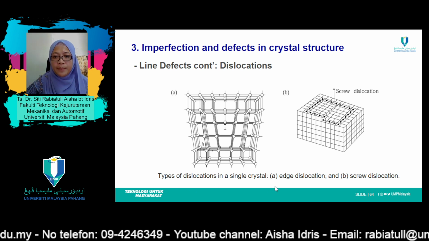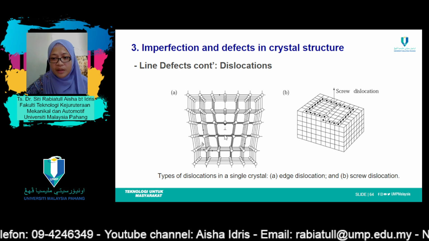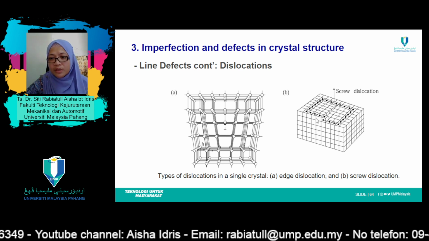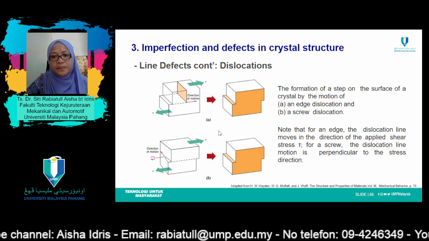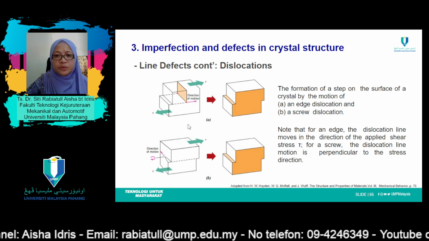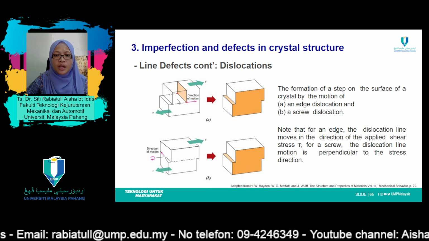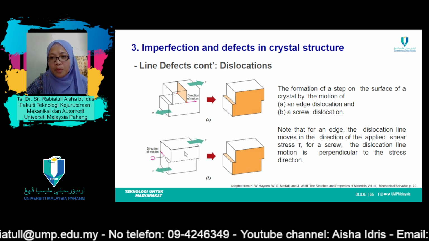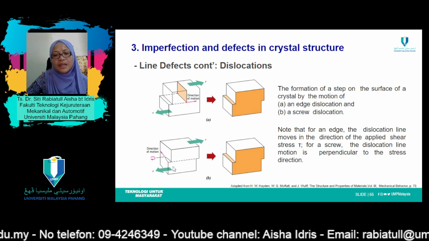Okay, so figure A shows an edge dislocation, and then a screw dislocation. I think this one is much clearer to you. So you can see this is the edge dislocation. It moves perpendicular, and for screw dislocation, it moves like it tilts a little bit.